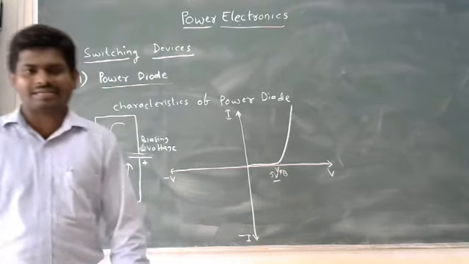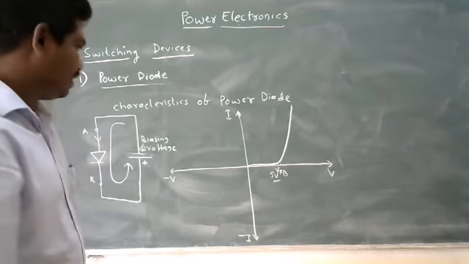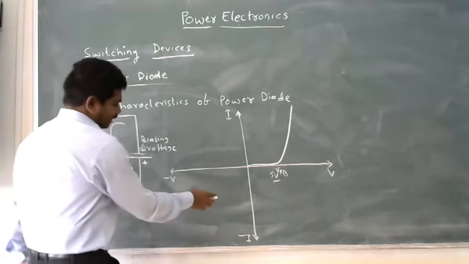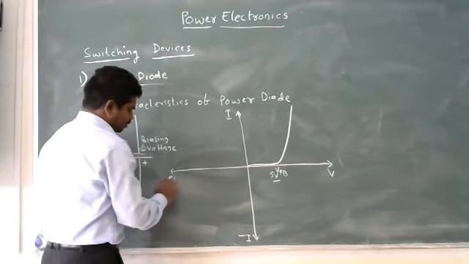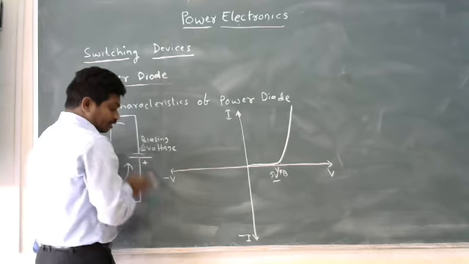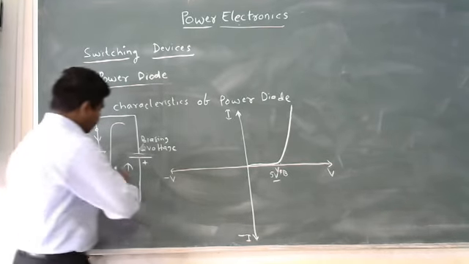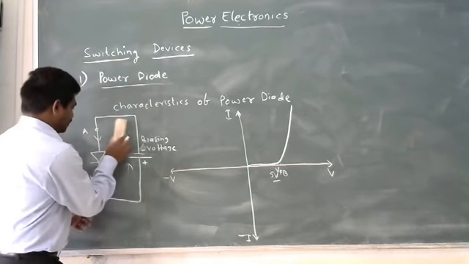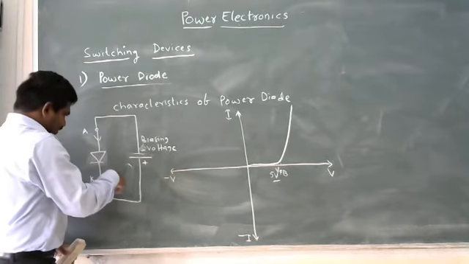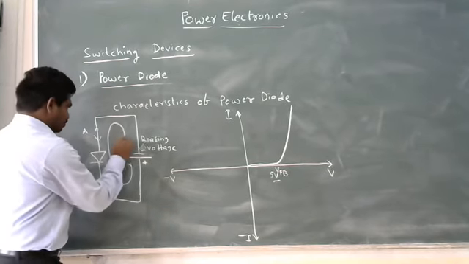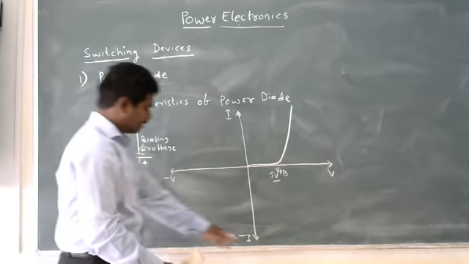This type of biasing is called reverse biasing. In this case, we get third quadrant operation, meaning negative voltage is applied across the device so the current flows in the reverse direction. So instead of like this, we get current like this, and that's why we get this value.